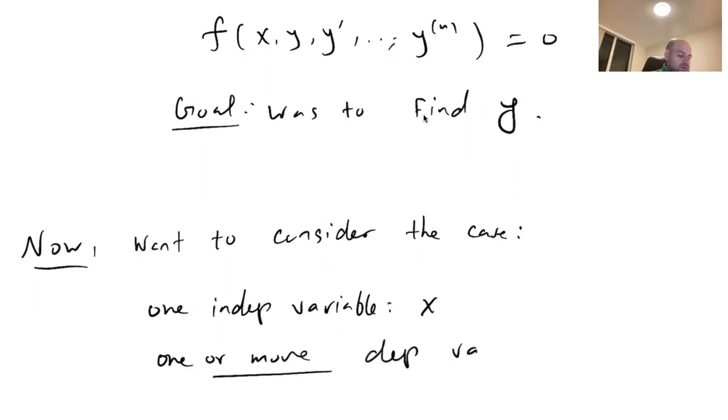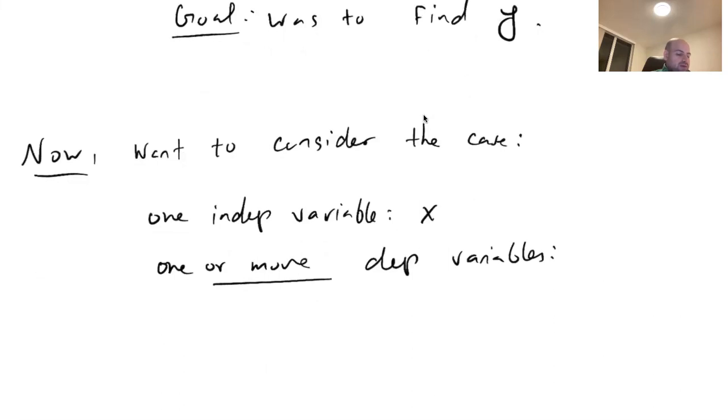So this time let's call them Y1 to Yn, or Ym, let's say. We have more than one dependent variable this time.